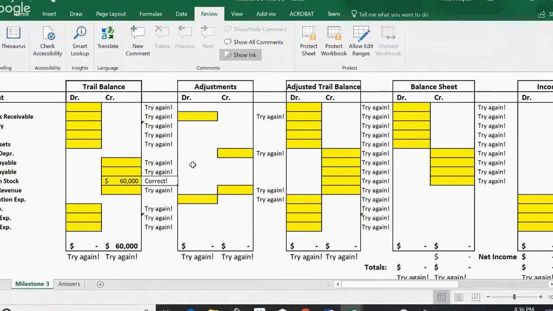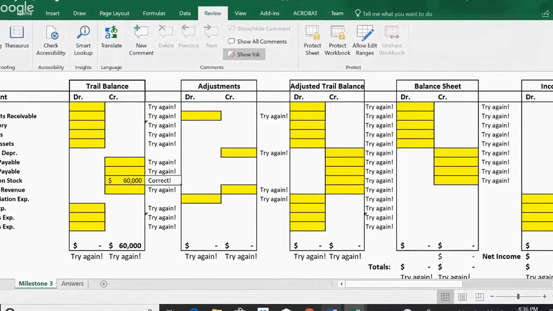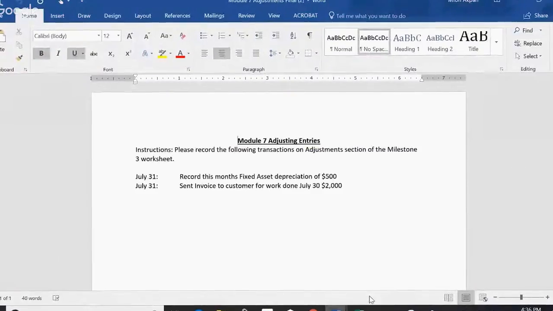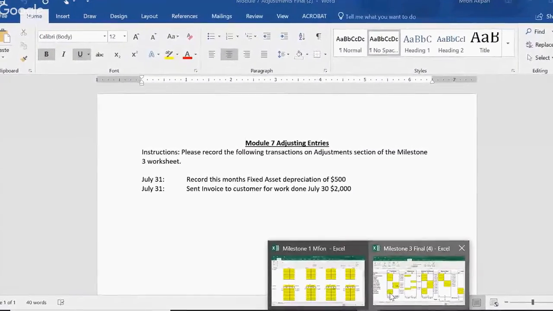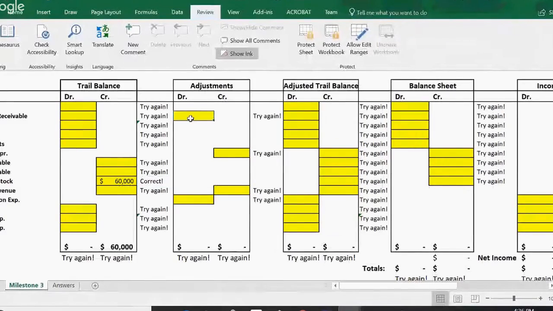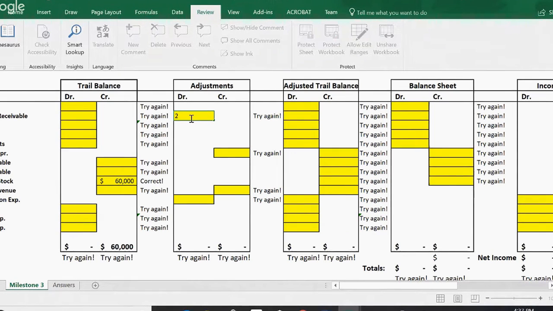We're sending an invoice, so we're actually sending the customer an account receivable for the $2,000. So we go here to our adjustments because we have to adjust for this. We're closing our books for the end of the month and we realize that we've actually done some work and we've sent an invoice. So we've got to correct this by doing our adjustment.